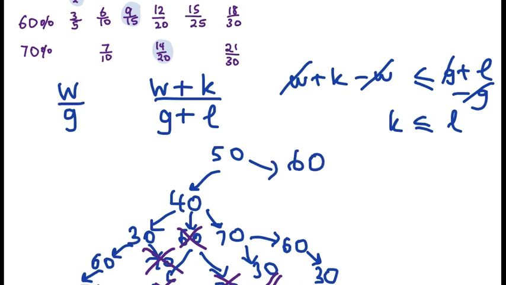Right, 50 to 60. So a half to 3/5. That's okay. Now from 60, we could either go to 30, 40 or 70. Okay, so we've got a few routes we could take here.